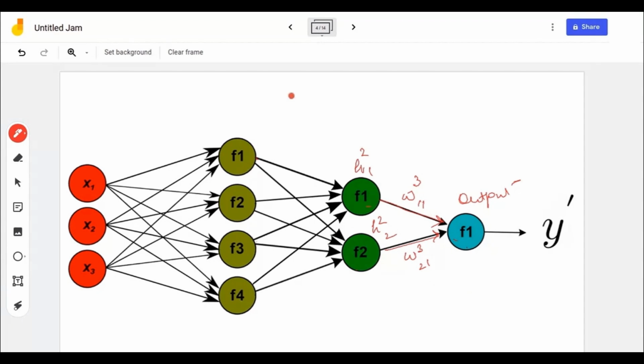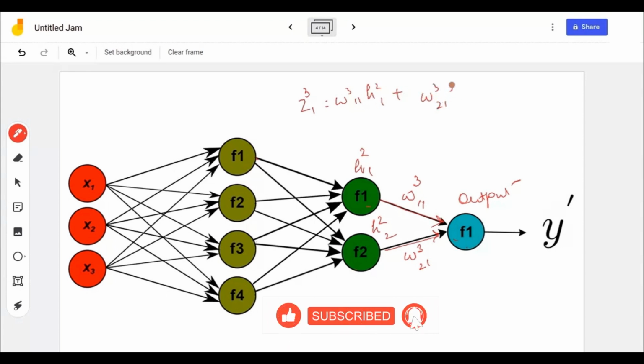So this is happening. Now you will get Z3 superscript 1. We will just have 1 because we have only one node here. So that will be equal to W311 into H21 plus W321 into H22 plus bias.